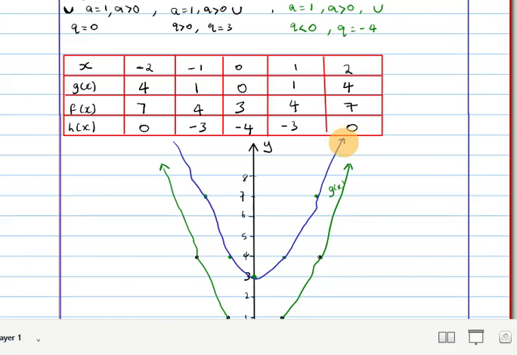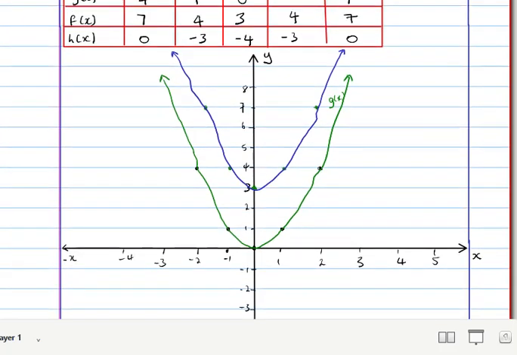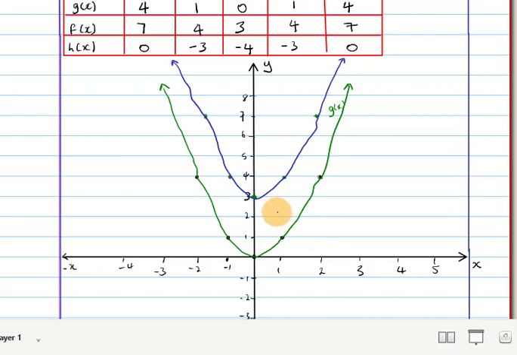But if you look carefully, the graph is not narrower. It is curved the very same way as this one. It's just that this one has not shifted. It was at the bottom where Q is equal to 0, but this one has shifted 3 units upward. So that's where the difference is.